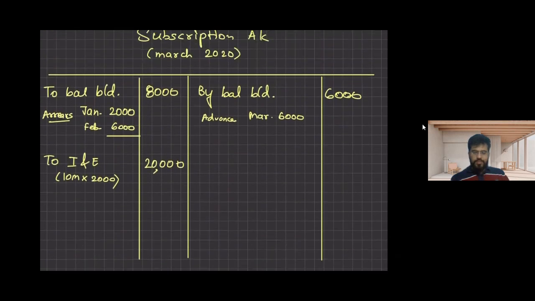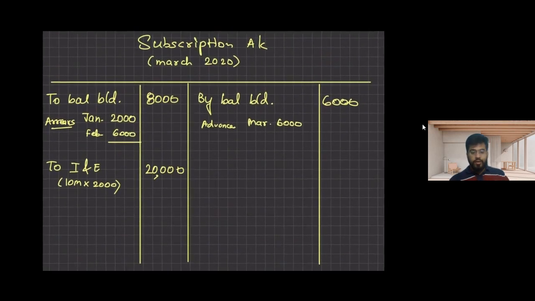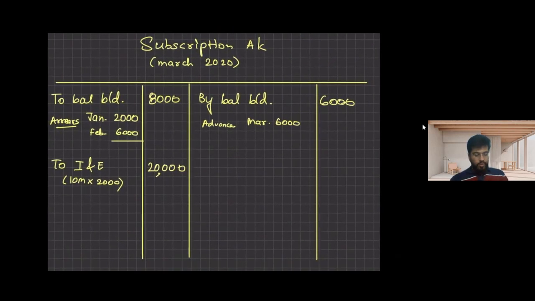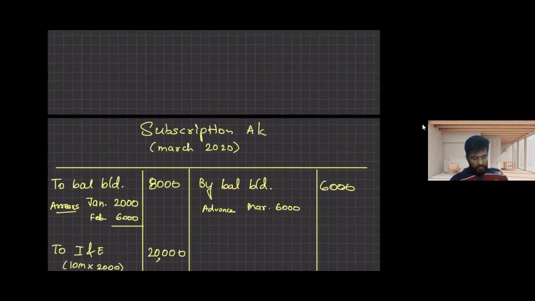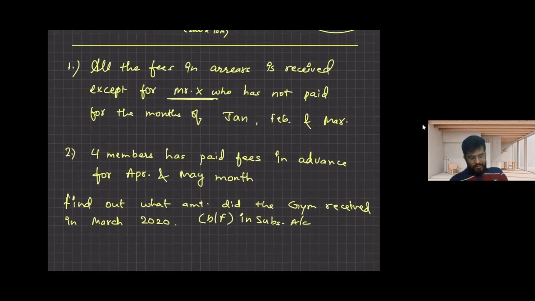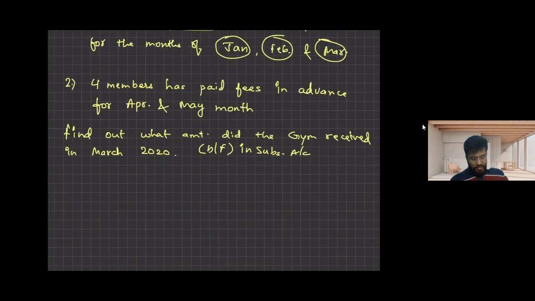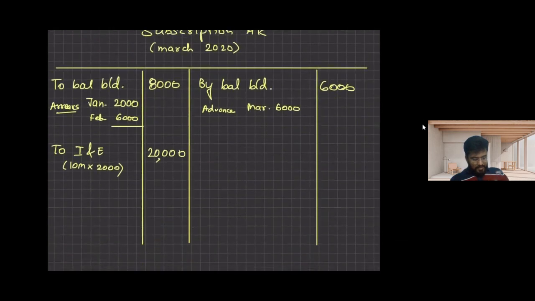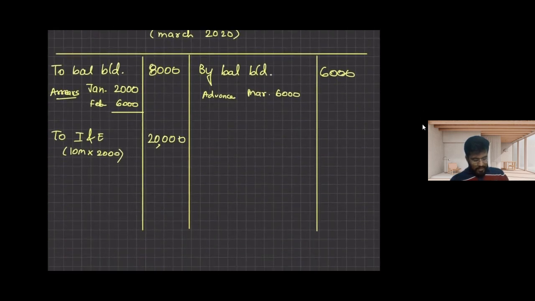Now look at your subscription account. What the author is saying is that there is one person, Mr. X, who has not paid the fees for the 3 months, January, February, and March. So that is the balance carried down. By balance carried down of the arrears, and that belongs to January, February, and March.